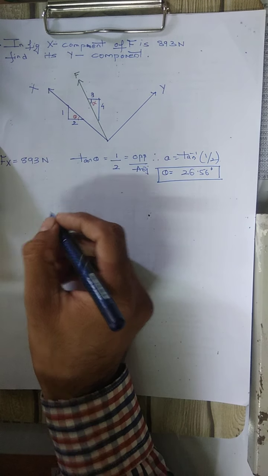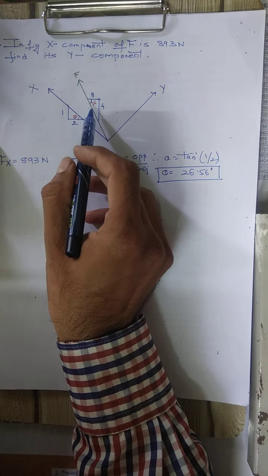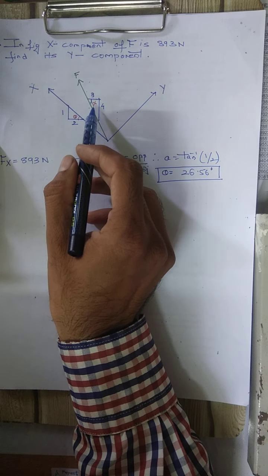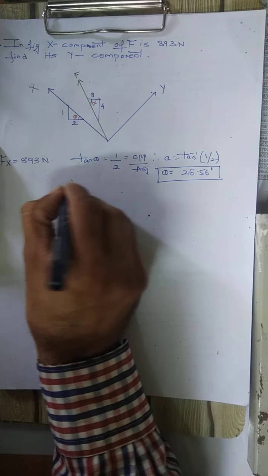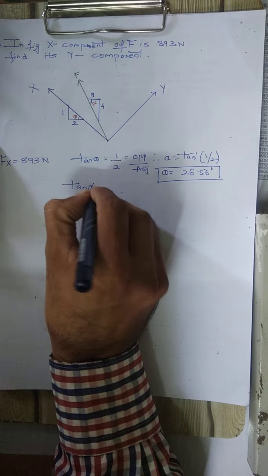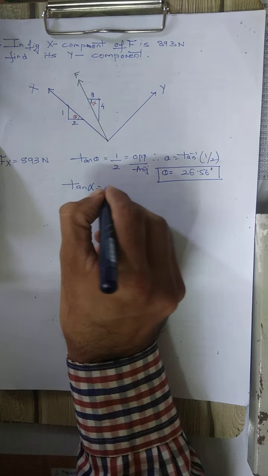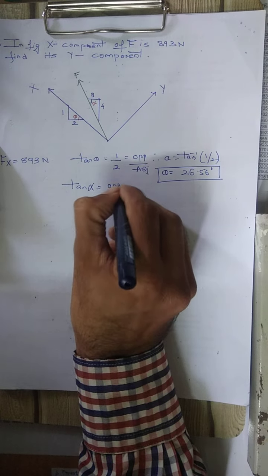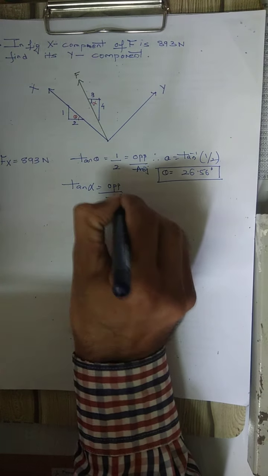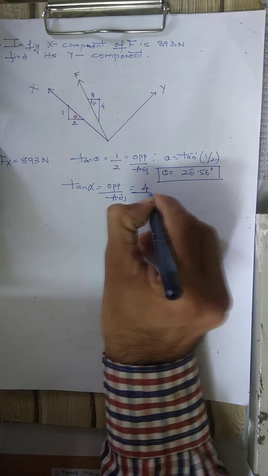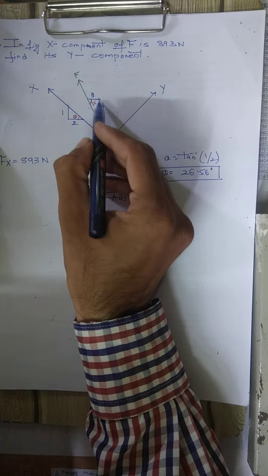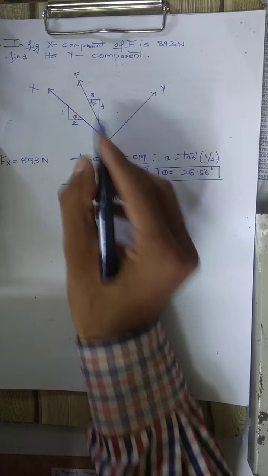Next is the angle made by this force. Again we have drawn the angle, that is alpha. It is making an angle with the horizontal axis. So we have to find out tan alpha, which is nothing but opposite upon adjacent. The opposite in this case is vertical 4, and the adjacent is 3.